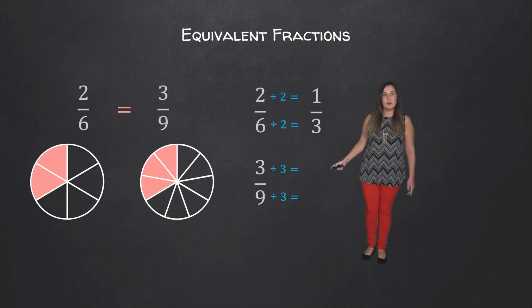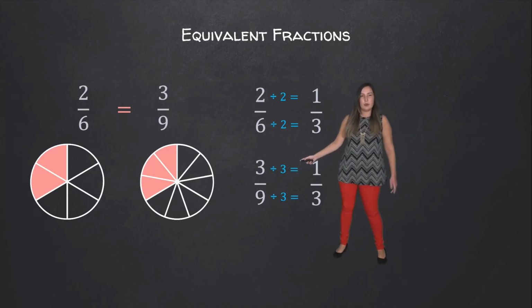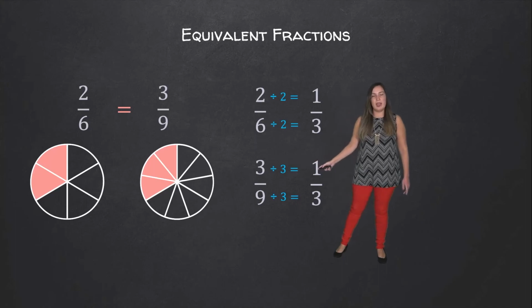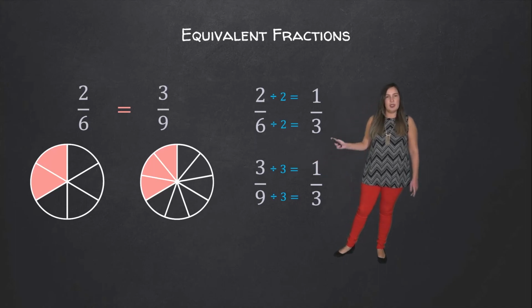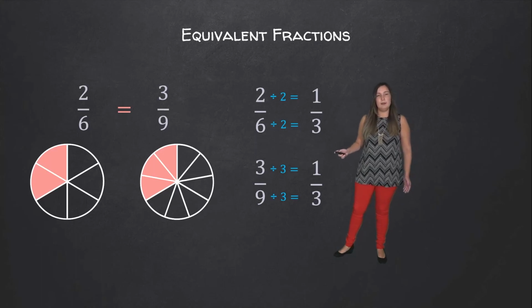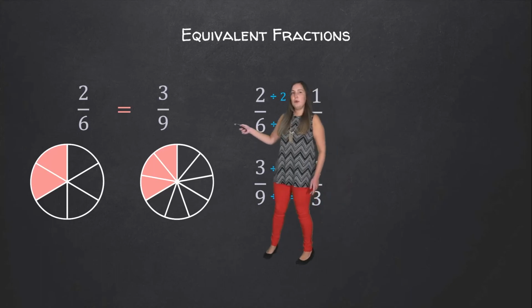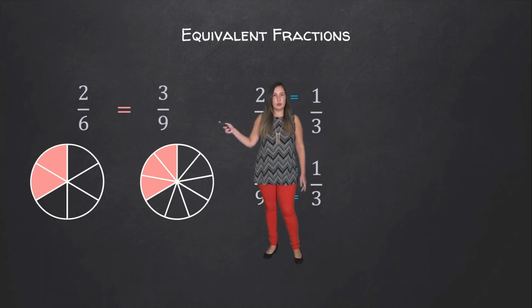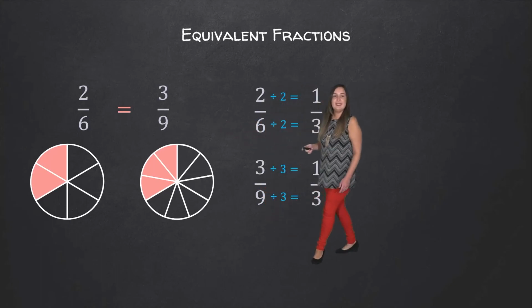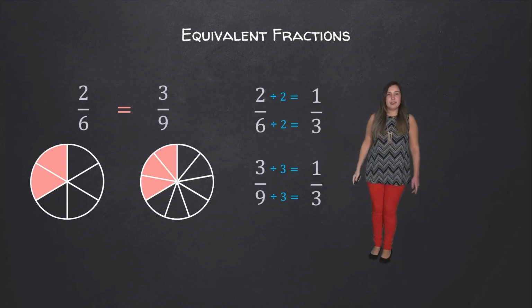If we divide them both, so 3 divided by 3 is 1, and 9 divided by 3 is 3. 2 over 6 and 3 over 9 are both equivalent to 1 over 3, meaning that 2 over 6 is equivalent to 3 over 9. And that's it for equivalent fractions.